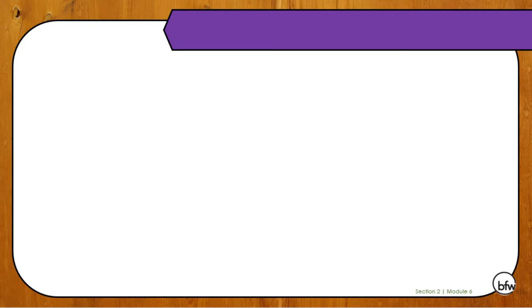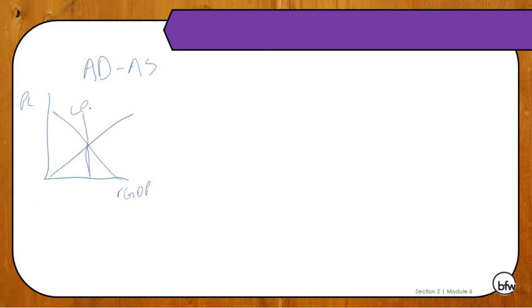So first things first, we're going to talk about the aggregate demand, aggregate supply graph. So we've got our aggregate demand, aggregate supply. We should all know how to draw this in long run equilibrium. Alright, got long run aggregate supply, aggregate demand.